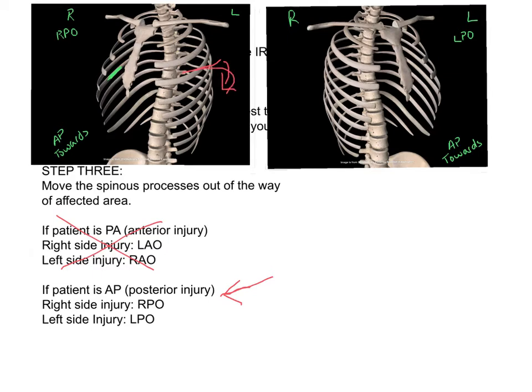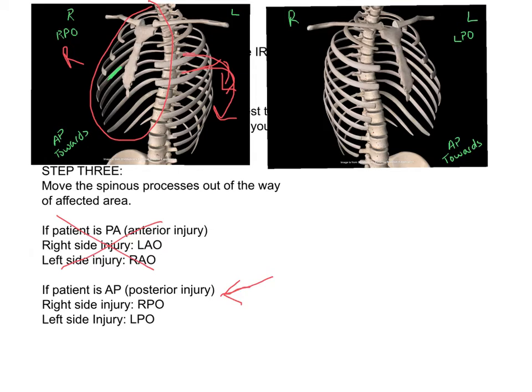Okay, move them out of the way, which elongates the right-sided ribs. By moving these spinous processes away from the site of interest, we've put our right side closest to the IR, and we are in an AP. We're originally in an AP position.